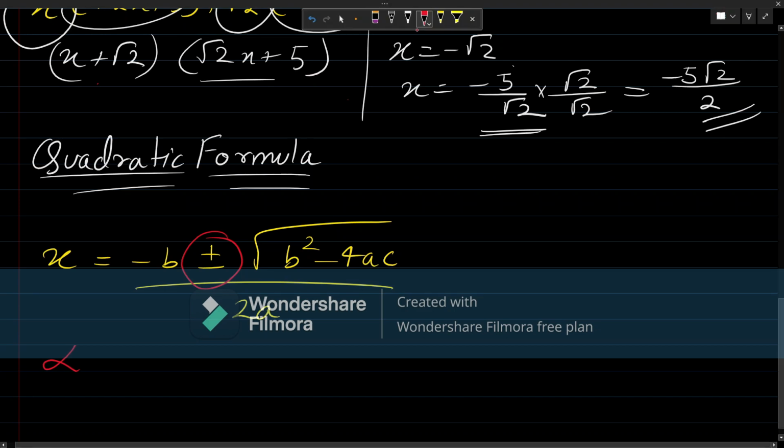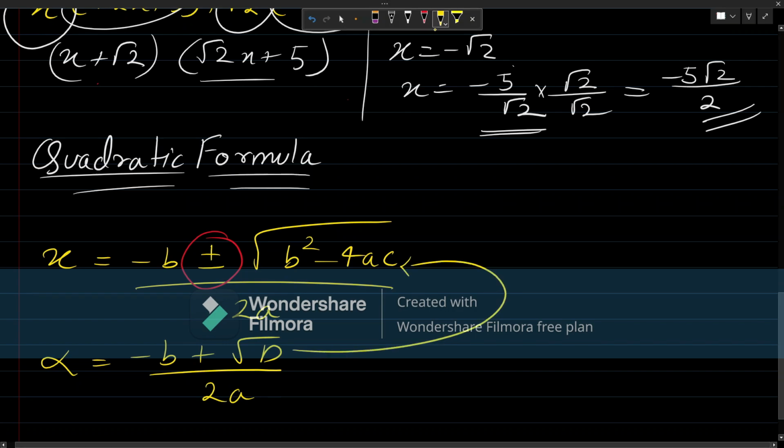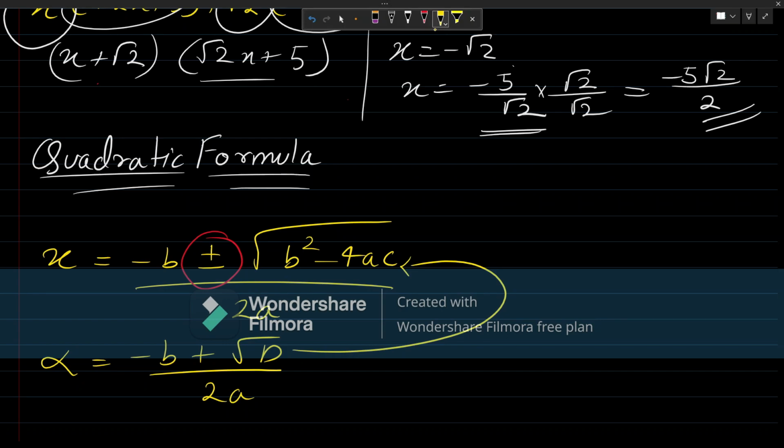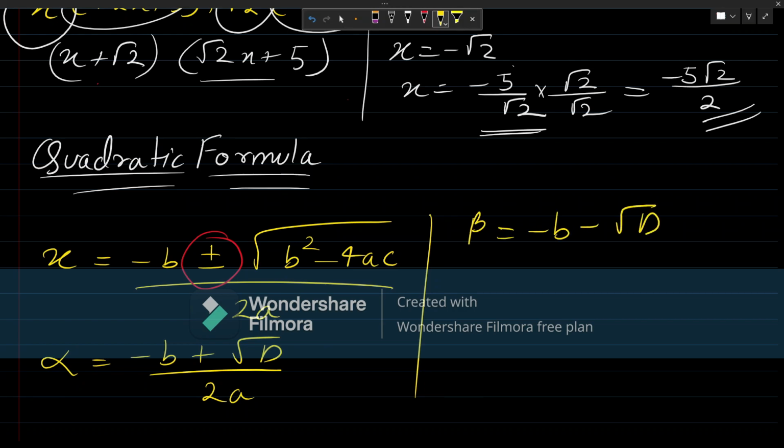So alpha is equal to minus b plus root d upon 2a, where d is b square minus 4ac, called the discriminant. And beta will be minus b minus root d upon 2a.